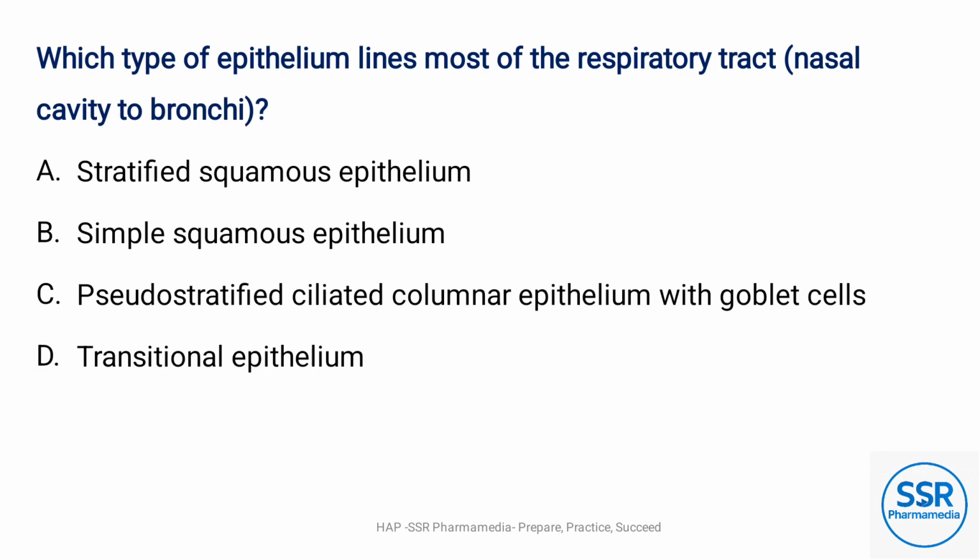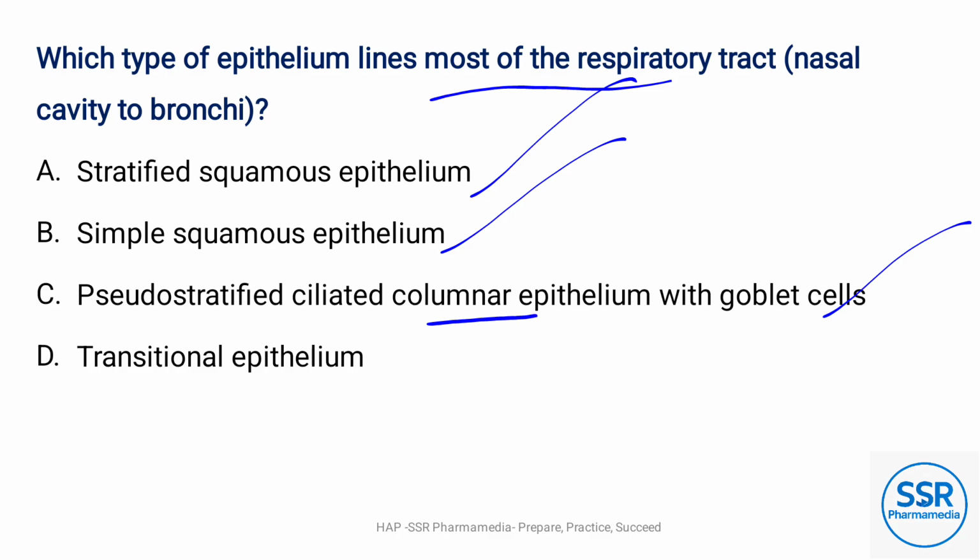Which type of epithelium lines most of the respiratory tract, from the nasal cavity to the bronchi? Option A, stratified squamous epithelium. Option B, simple squamous epithelium. Option C, pseudostratified ciliated columnar epithelium with goblet cells. Option D, transitional epithelium.